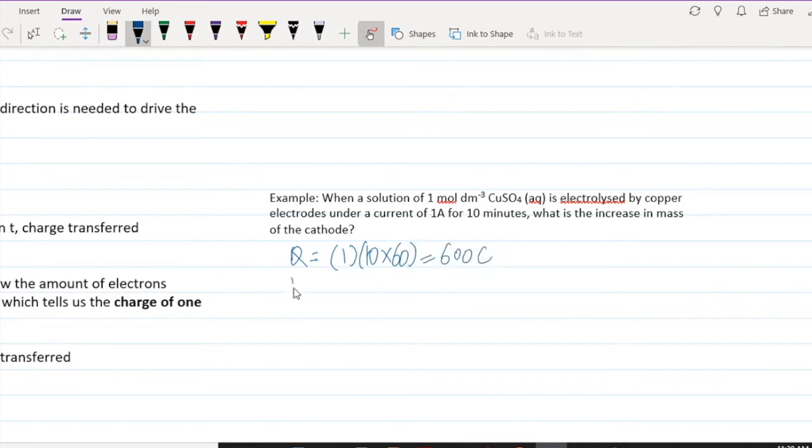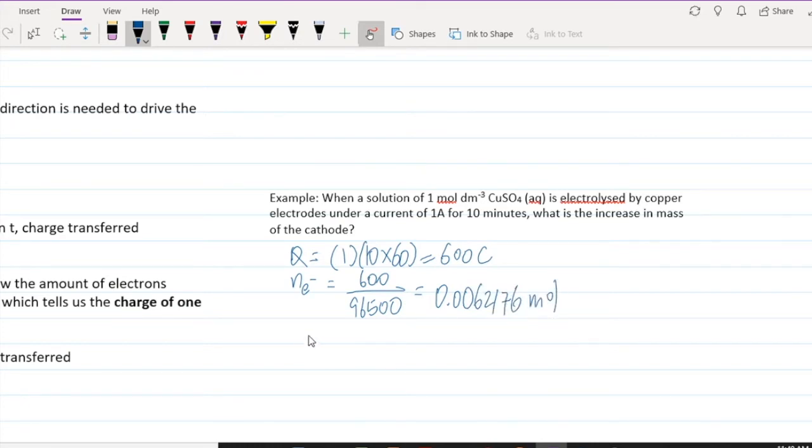And then we can find the number of moles of electrons, which equals the total charge divided by the charge per mole of electrons. Let me see what that will be. Yes, that will be a value of 0.0062176 moles.